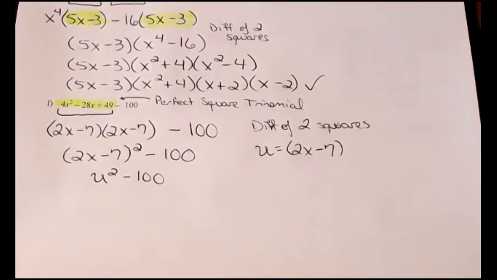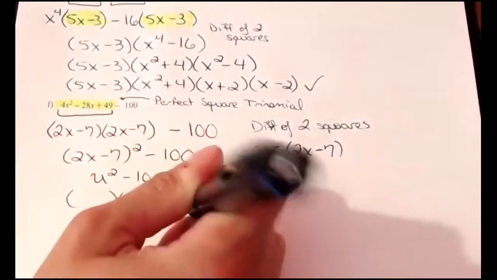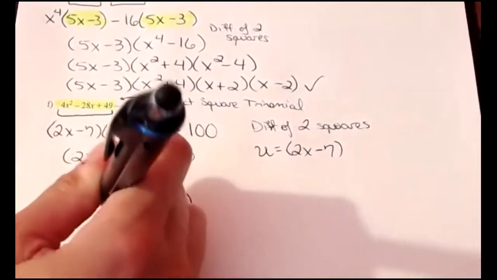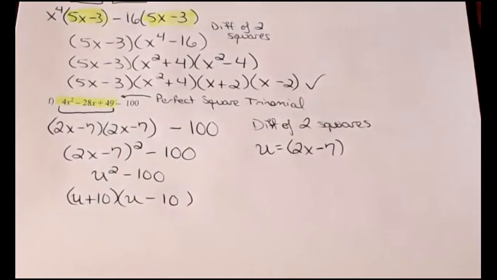That's super familiar. I can factor the difference of two squares. That would be super easy. That's no big deal. U squared minus 100. Okay, let's factor it. That becomes u plus 10 and u minus 10. Right, no big deal. 10 times 10 gives you 100.